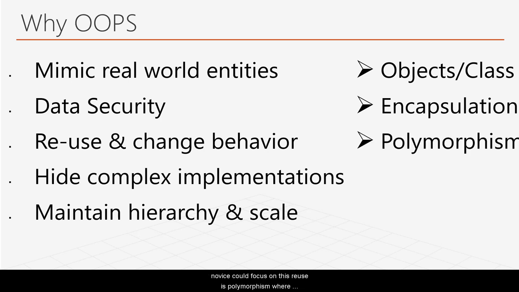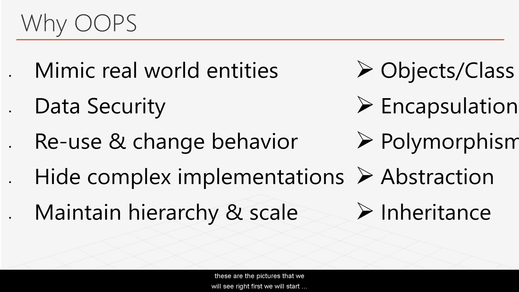Our entire video now is going to focus on this. Reuse is polymorphism, where change of behavior also can be witnessed. Hiding complex implementation, that's going to be abstraction. And finally, maintaining the hierarchy from one class, parent and child relationship, scaling the class, all this comes with inheritance.